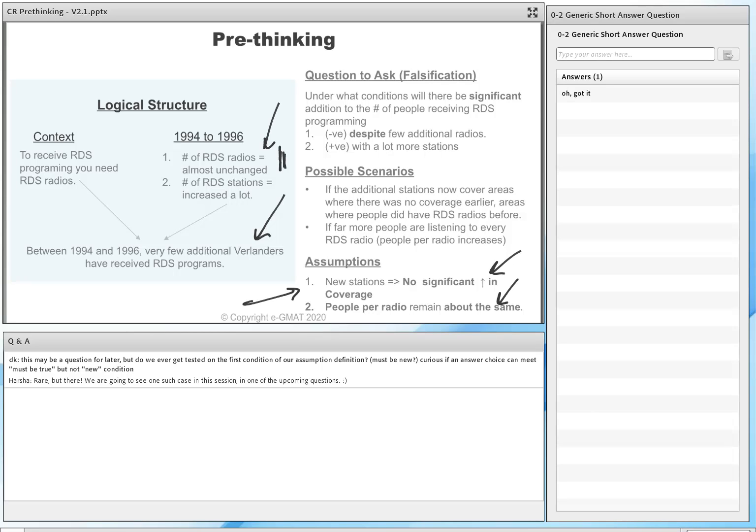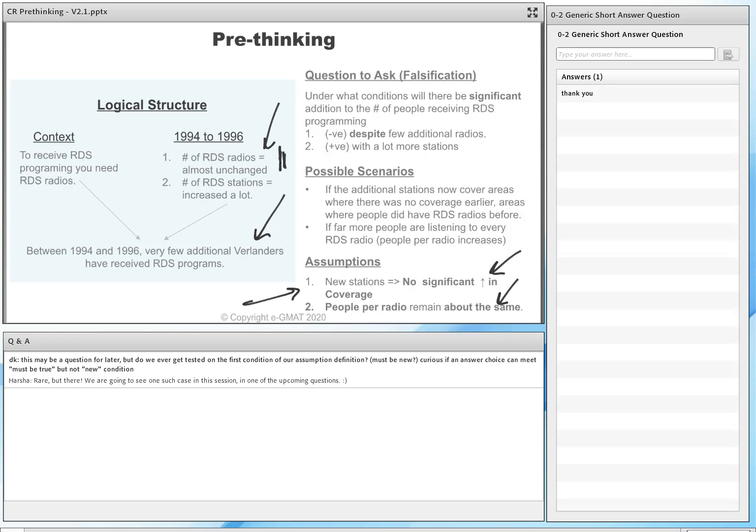Got it? Okay, so Sylvia has a great question. She says, how do you choose the direction of the falsification question? I struggle with trimming the falsification scenarios to those that really break the conclusion. Sometimes I find myself digressing to plausible alternative explanations rather than falsification scenarios.